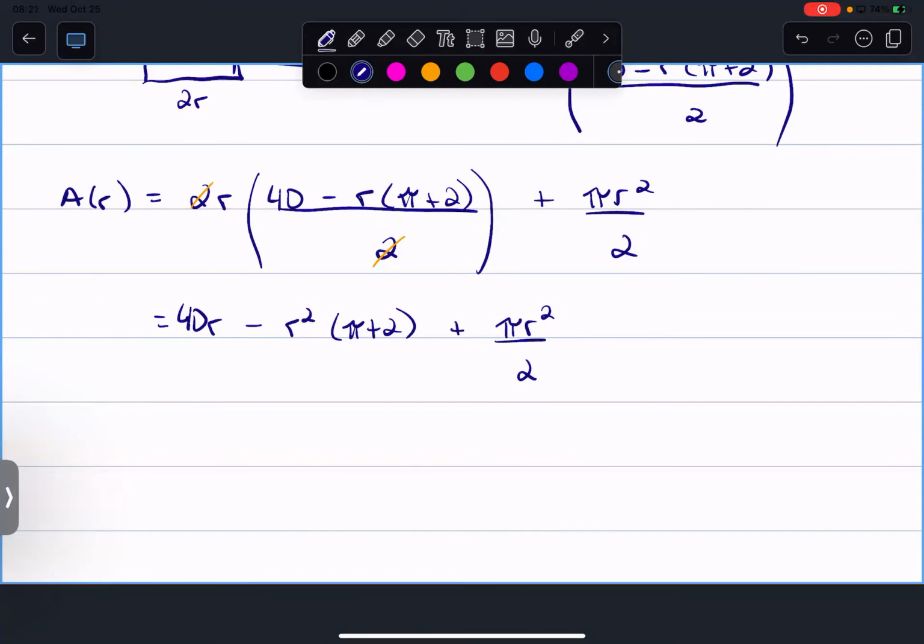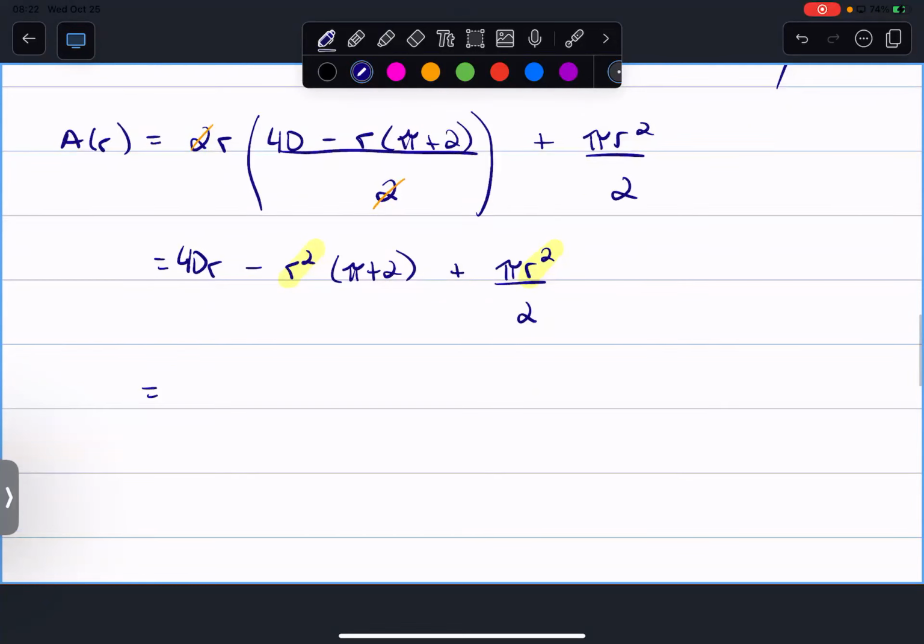I've got a common multiple of r squared that I can collect. How am I going to do that? I'm going to pull it out front. R squared times (pi over 2 minus pi plus 2).